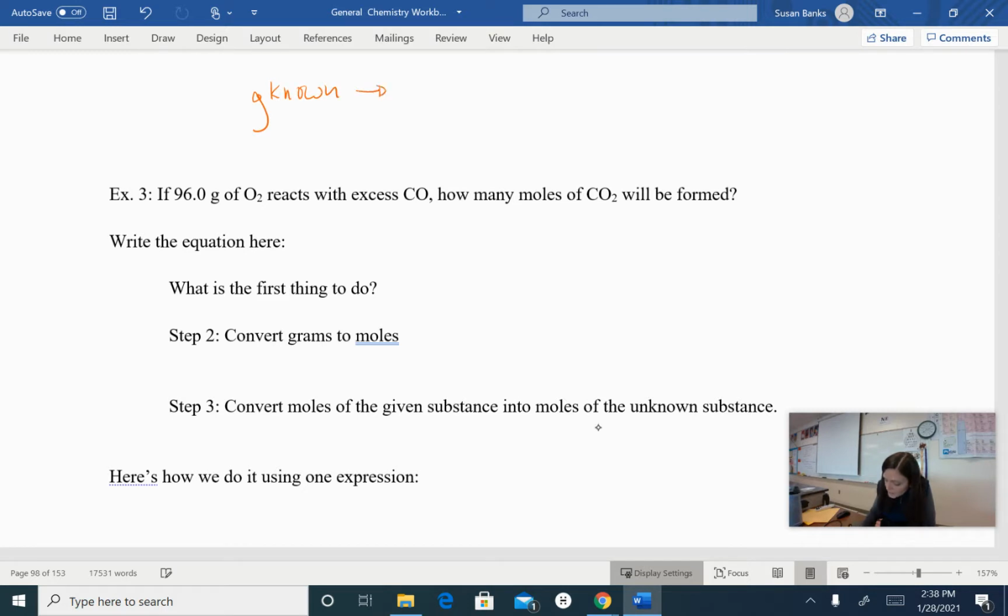We convert it into moles of our known thing. Then we convert it using our mole ratio to moles of the stuff that we want to know about, or our unknown. And then we go back to grams of our unknown. And I will teach you how to do this next time.